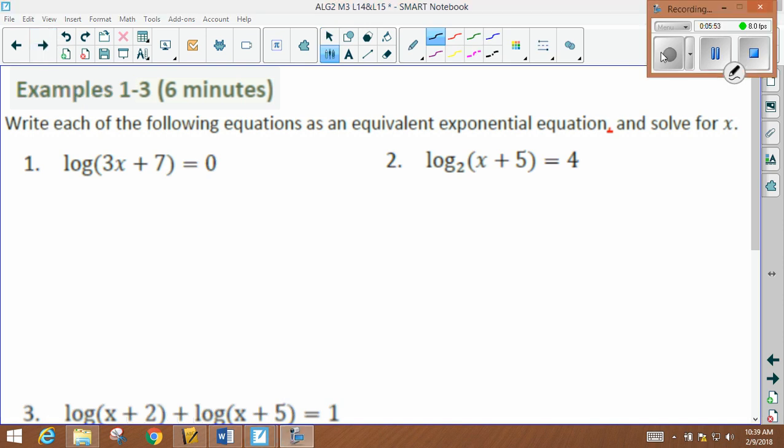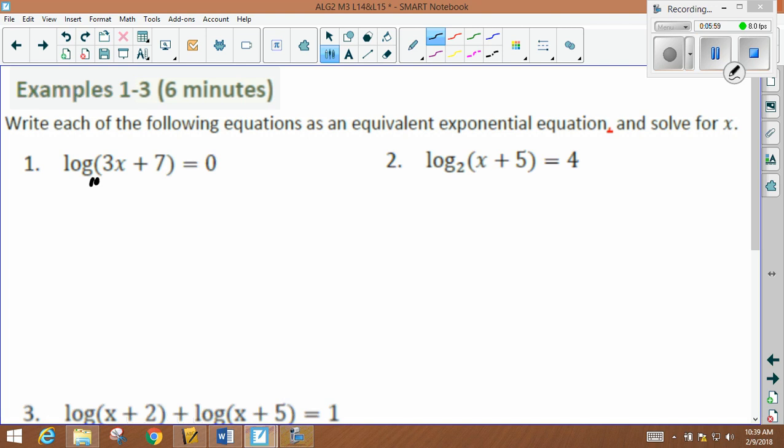So let's go through this process again. This is log base 10, right? So let's assume that that's log base 10, but there's nothing written there. First step, see if there's anything you can condense, if you can write something as a single logarithm. If there's not, then step 2 would be to go ahead and write it as an exponential equation.